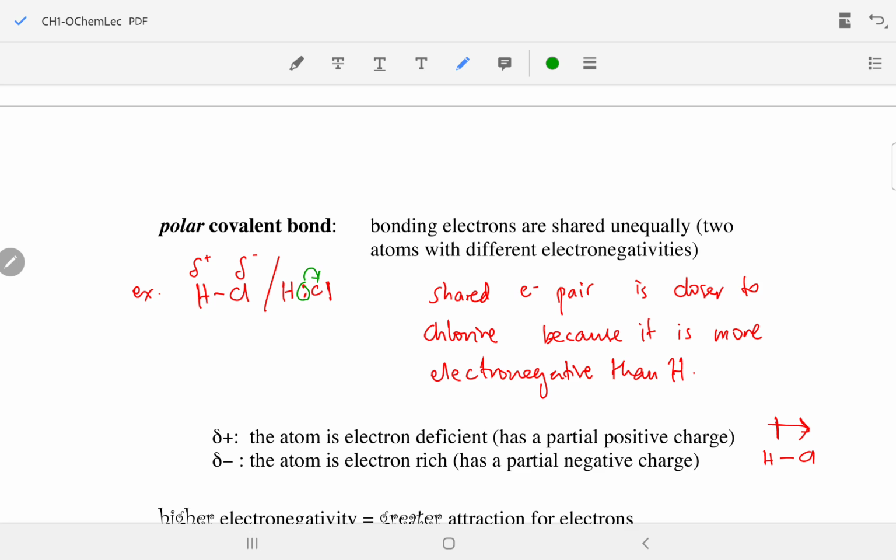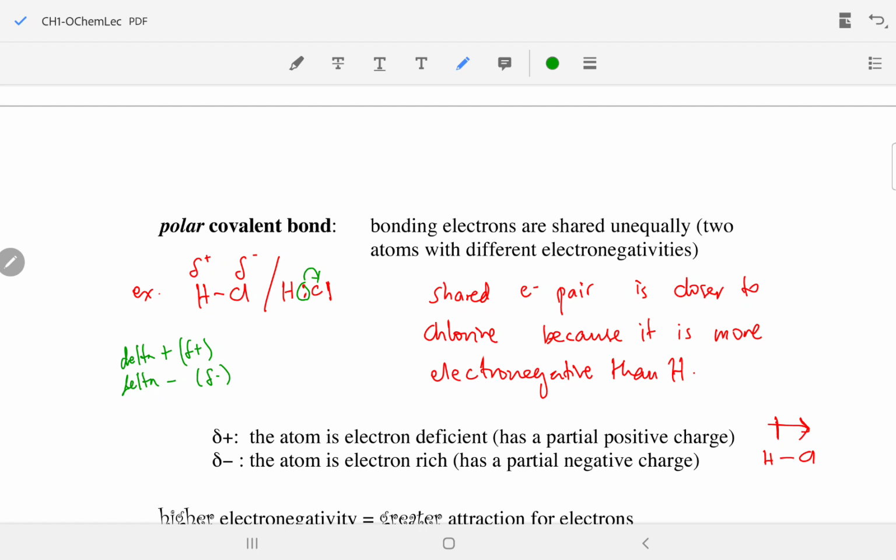It attracts the electrons of the hydrogen towards itself. Okay, so we chemists often denote this with a delta plus when the atom is electropositive, and if electronegative, it is represented by a delta minus.